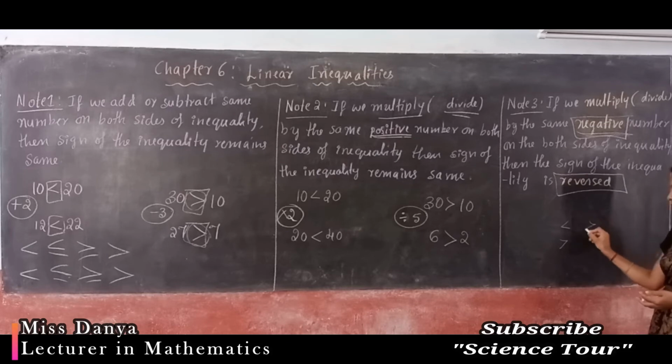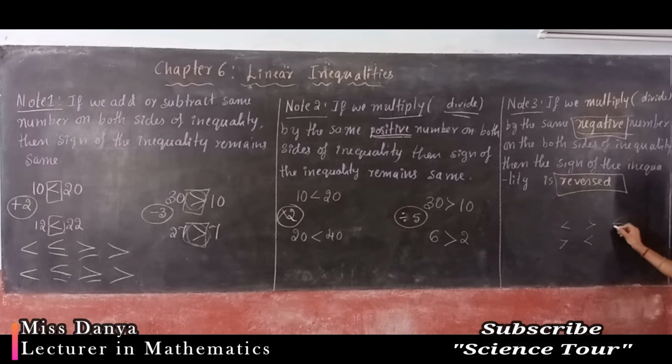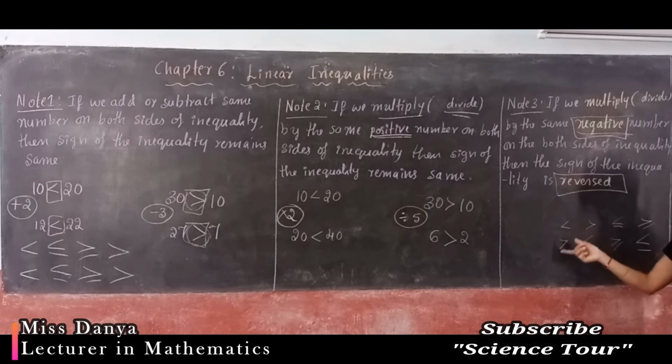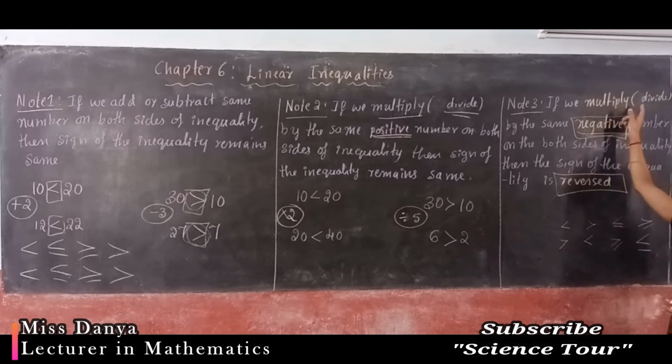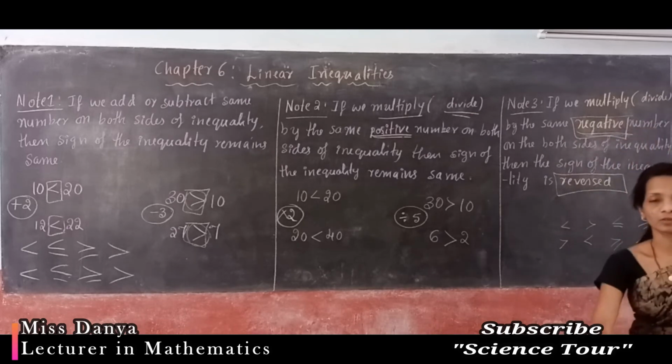If it is greater than, after the operation it will be less than. If it is less than or equal to, it will become greater than or equal to. If it is greater than or equal to, after the operation it will be less than or equal to. So the sign of the inequality will be reversed if you multiply or divide by the same negative number on both sides of an inequality.